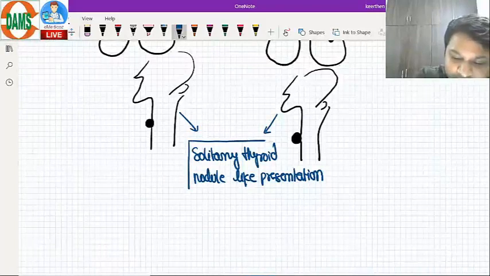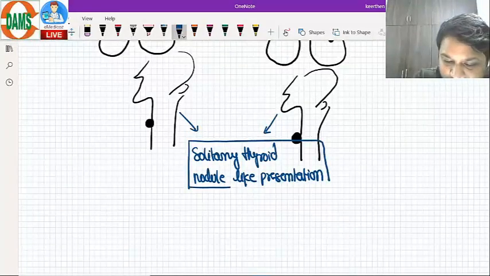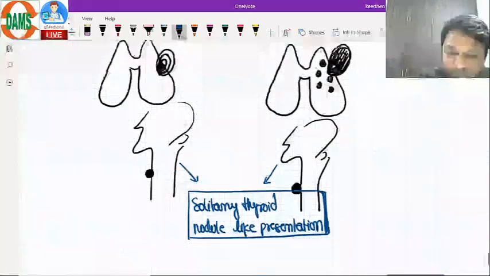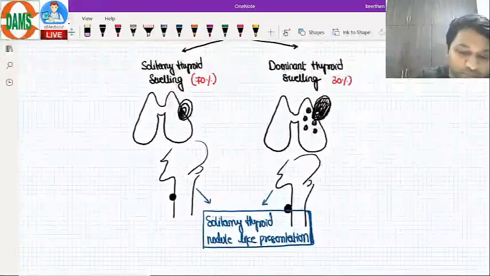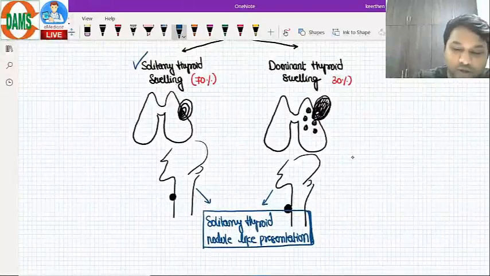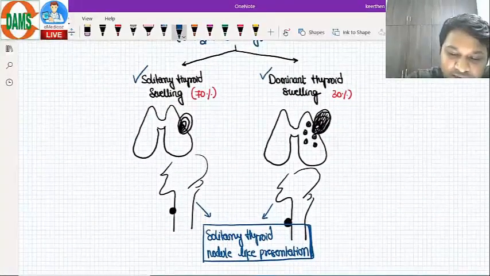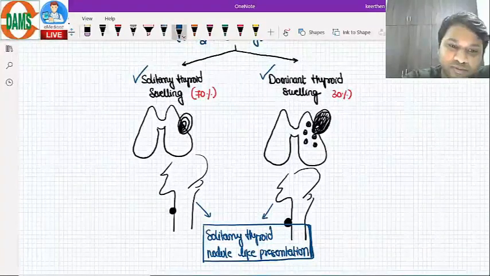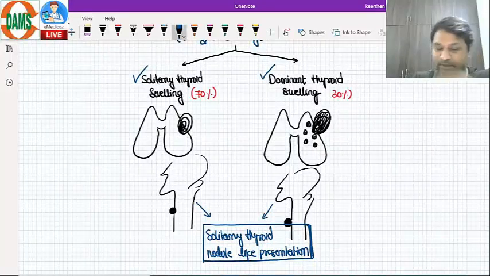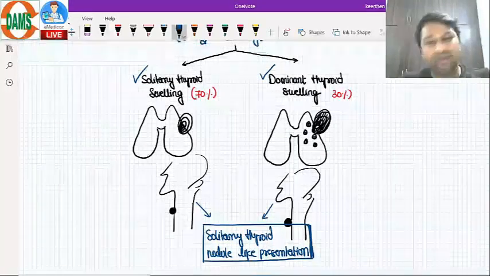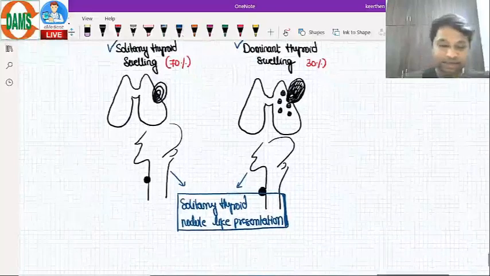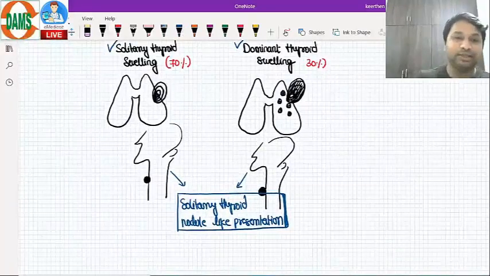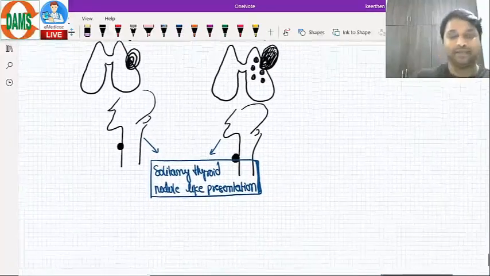Beta, the incidence is 30%. 70% of the patients who present with solitary thyroid nodule like presentation are actually solitary thyroid nodules, and 30% of them will have dominant thyroid nodules. Clinically they both are very difficult to differentiate, so we call them one entity called solitary thyroid nodule like presentation. Right.